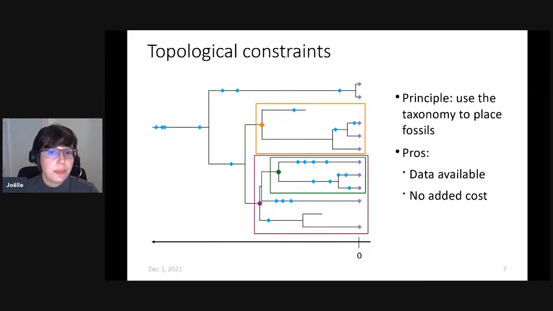It's also the same data that would have been used to set node calibrations when running previous analyses that used the old method of dating time trees. So that may be data that's even already gathered as part of running a previous analysis. The additional advantage of using topological constraints is that there's no added cost on the inference because you're not adding additional calculations.